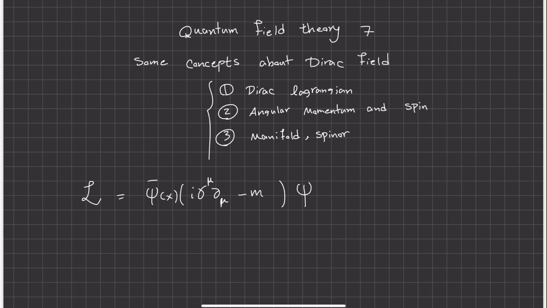So this is a scalar, and I have to define what psi bar of x is. Psi bar of x is psi dagger of x, but with a gamma 0 here. This gamma 0 is interchanging the upper and the lower index. We're going to see why we have this bar definition because of some normalization considerations.